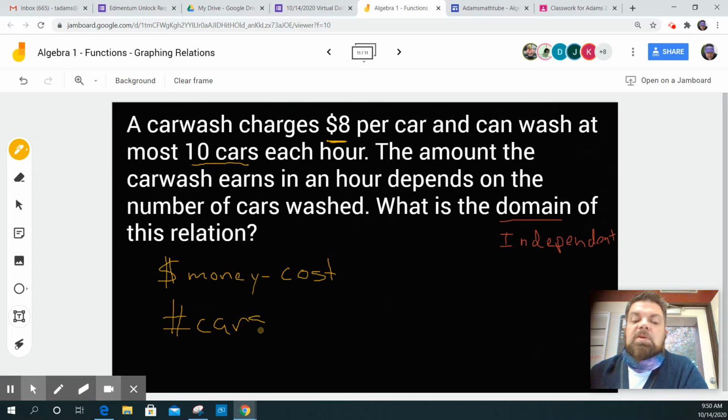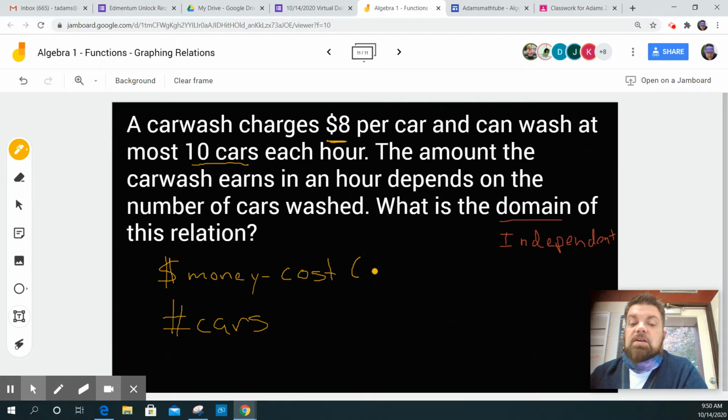Now, one of them depends on the other. Does the number of cars depend on the cost, or does the cost depend on the cars? We got to think about that. Which one has an effect on the other? The cars, yeah, absolutely correct.